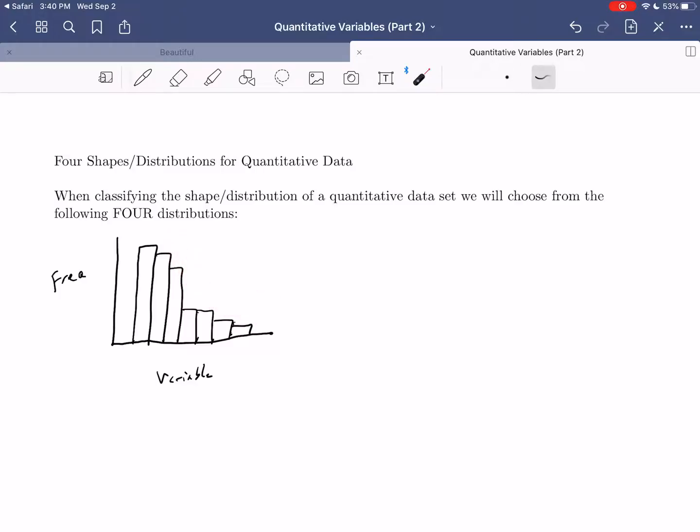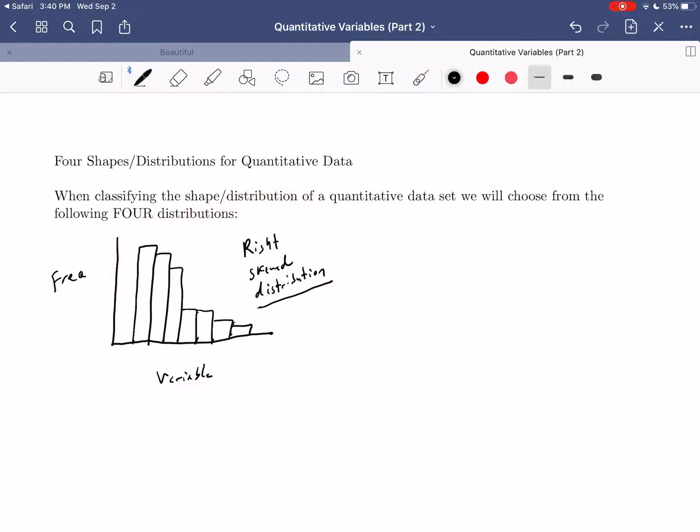Now keep in mind this is going to be the variable, so this is always going to be low values here, high values here. So if you have a tail that's going off to the right there, we will call this a right skewed distribution, or a right skewed shape. So if we see something like this, we call this right skewed.